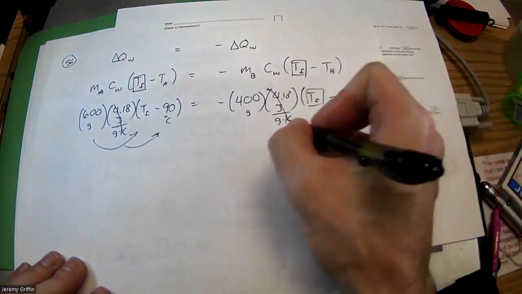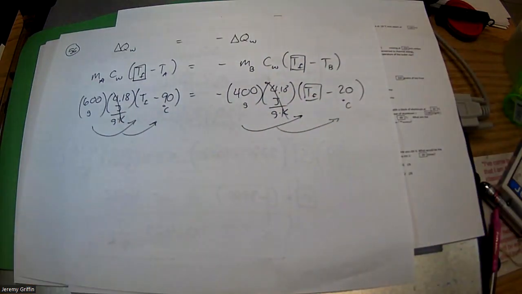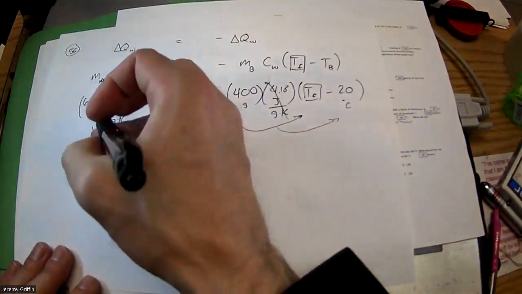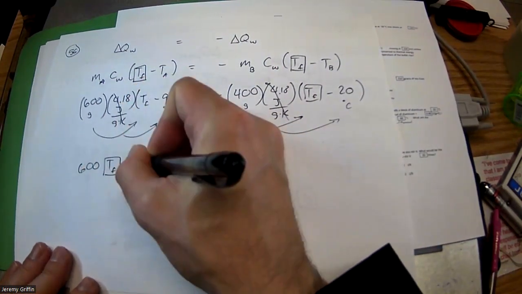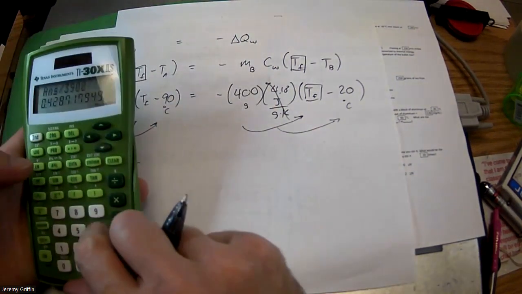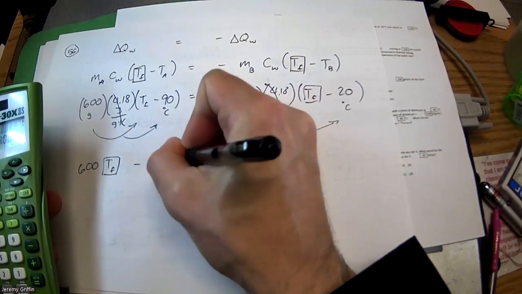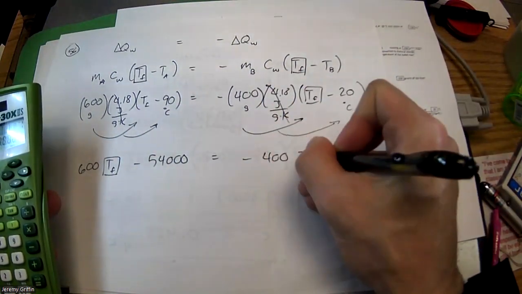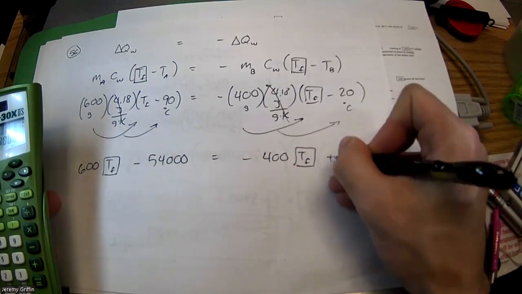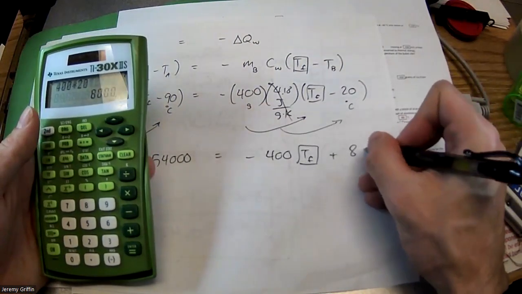Distribute, distribute, distribute, distribute. This is just a math process at this point. There's probably different ways to go about this. So 600 T final, also dropping my units just to make this look a little cleaner. 600 times 90 is 54,000, equals negative 400 T final plus 400 times 20, which is 8,000.